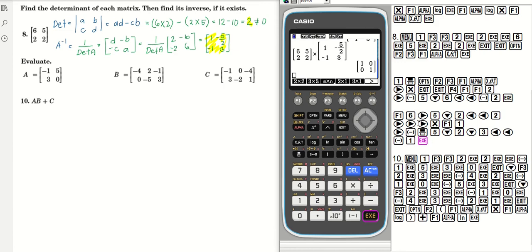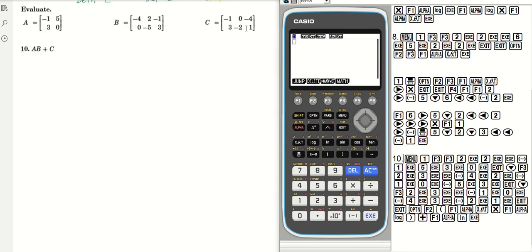So you will see that the product of these two matrices is 1, 0, 0, 1. So it means 1, minus 5 over 2, negative 1, and 3 is the inverse of the given matrix, which is 6, 5, 2, 2.